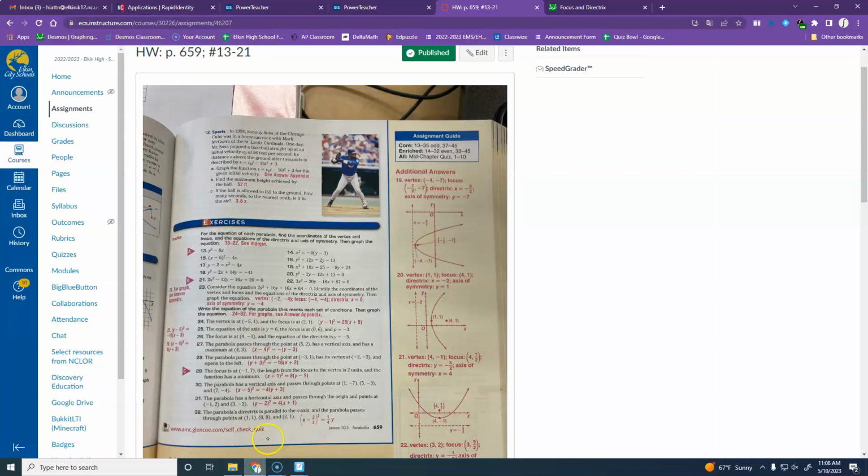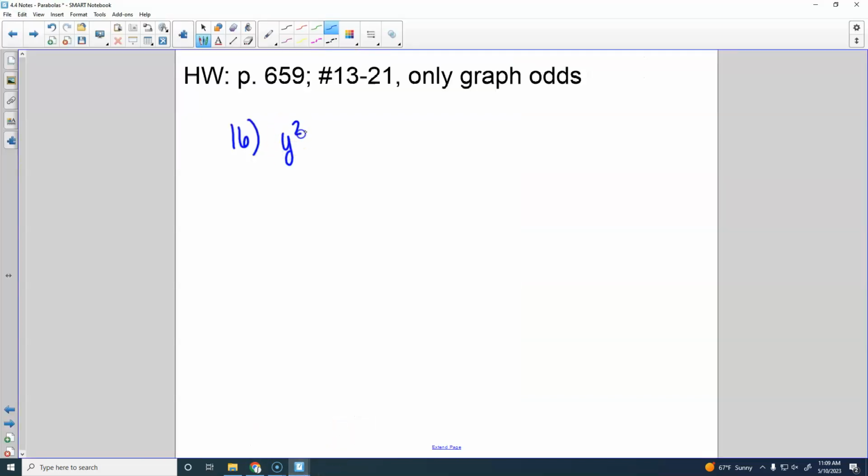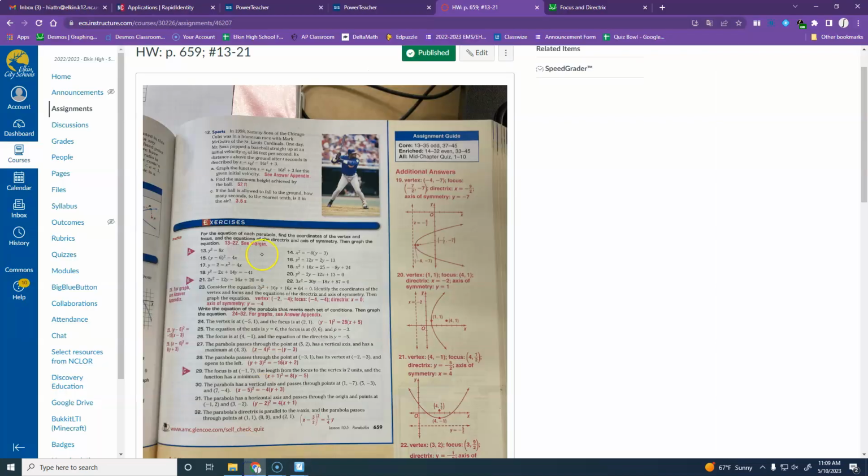And let's see, we got y squared plus 12x equals 2y minus 13.